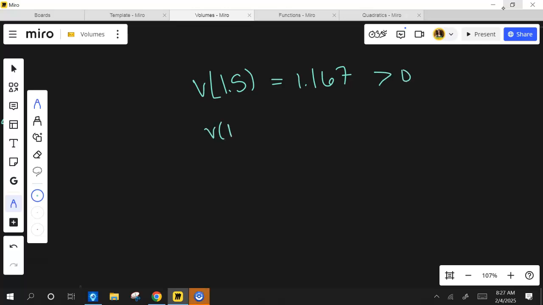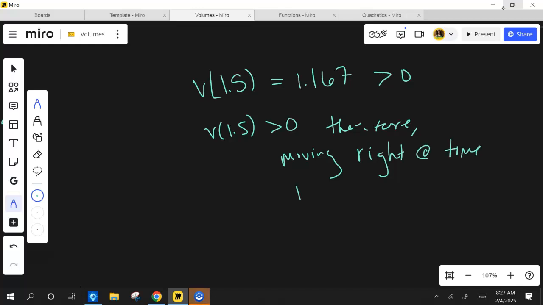So V of 1.5 is positive. Therefore, I'm moving right at time equals 1.5. Or you can say I'm moving up at this time because velocity is positive, or however you choose to say that, but you have to give that justification or that reason.